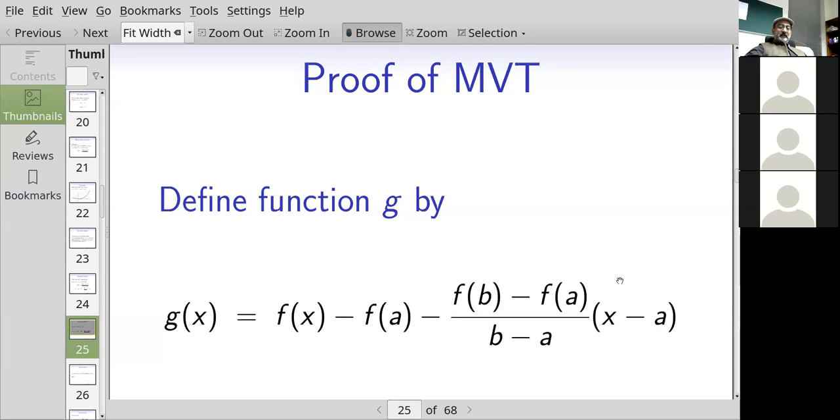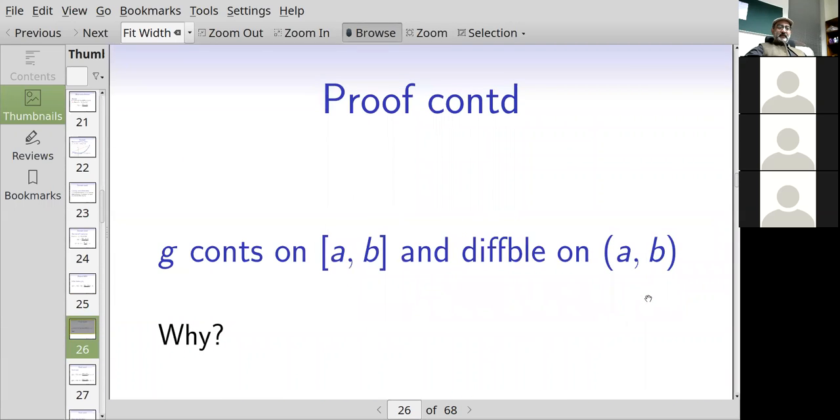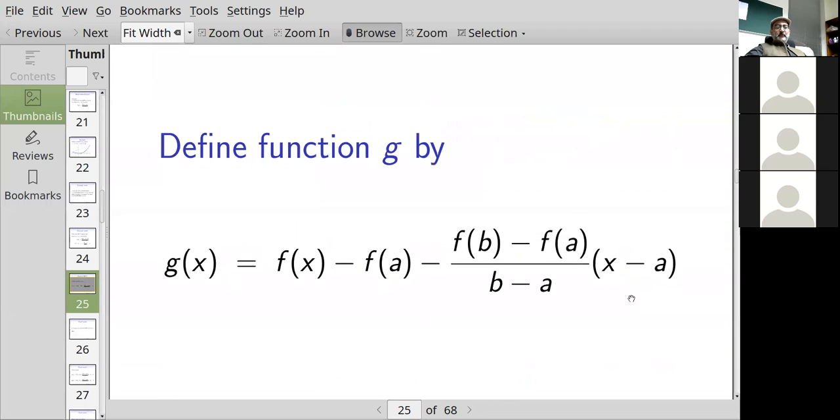So I define a new function, g of x equals f of x minus f of a minus the average rate of change times x minus a. g is continuous on closed [a, b] and it's differentiable on open (a, b). Why? Because it's made up of pieces of f. This is f, this is a constant, minus a constant times x minus a. And the assumption about f is that it was continuous.